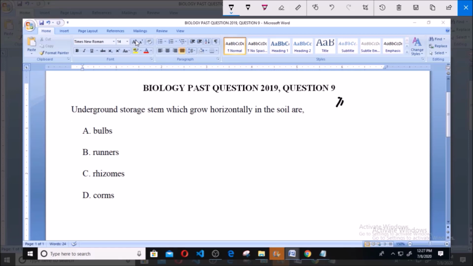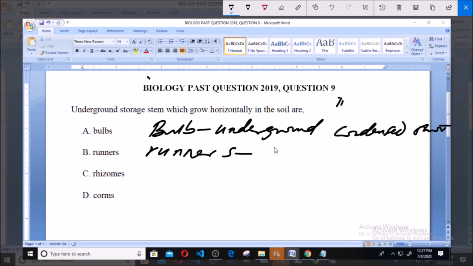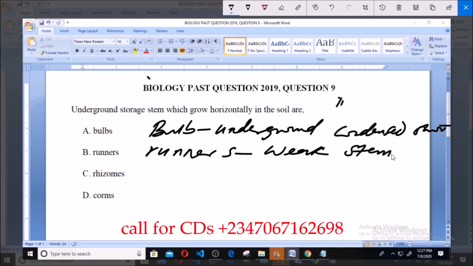Secondly, we have the runners. Runners refers to weak stem that creep on the soil surface. So now the keyword here is weak stem that creeps on the soil surface, such as the potato stem.